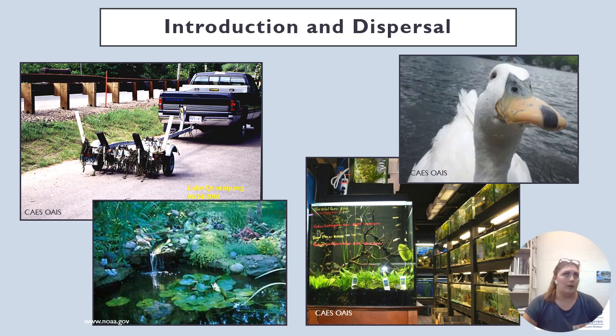So identification is hard, which I will get to later. These plants often look very similar to natives, if you don't know what you're looking for, and in the supply chain, there's a lot of people that are just trying to sell the plants, and they're not doing it on purpose. They're not selling invasives on purpose most of the time. It's just a mix-up of identification.